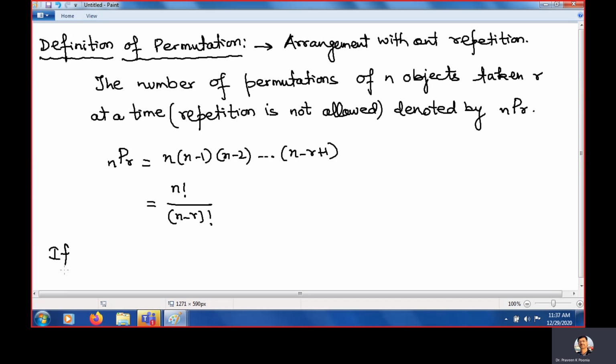If repetition is allowed, then choosing r out of n, it will be n power r. Class. So there are two formulae. One is nPr without repetition. One is repetition allowed, so n power r.